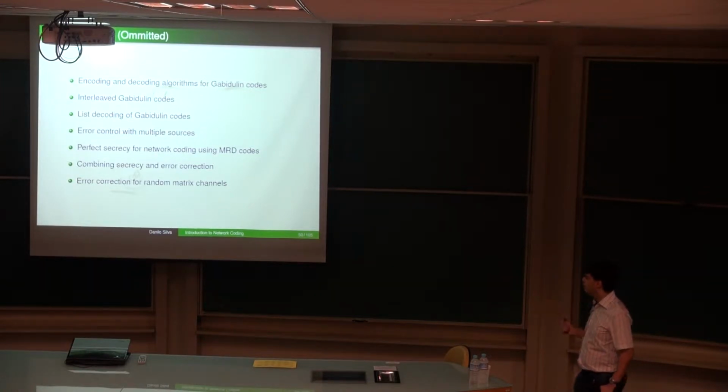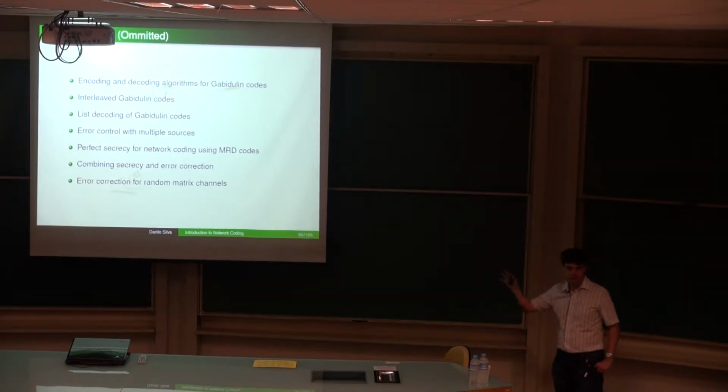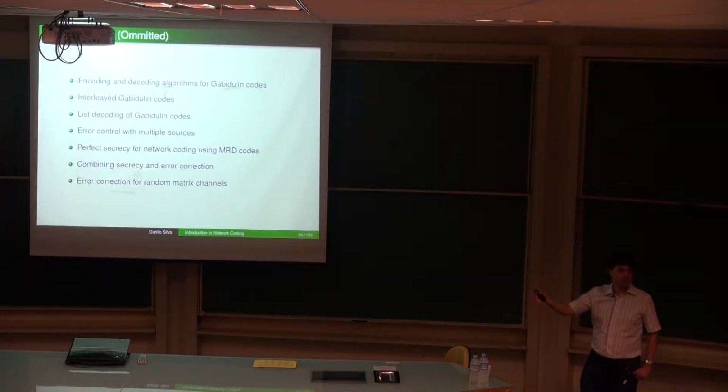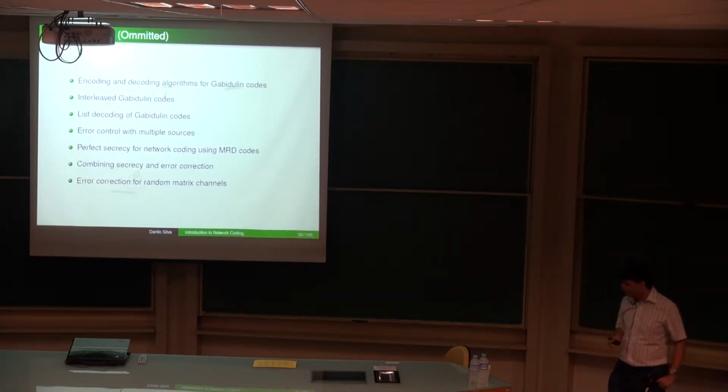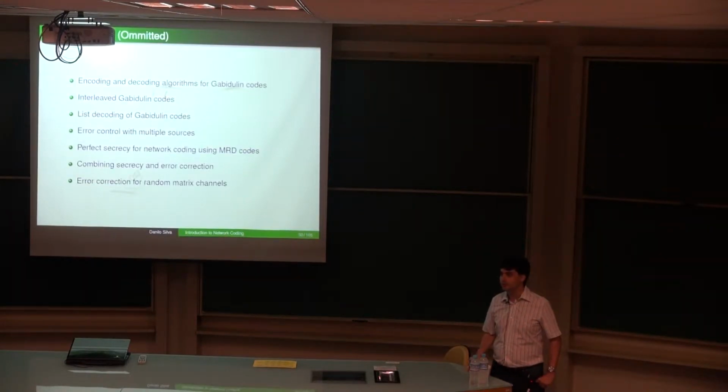And there's also a whole area of studying random matrix channels, right? Because here we consider an adversary, but we could also consider errors that are random, and then we can study the capacity of those random matrix channels. We can also use MRD codes for that problem. Okay, any questions about that before we move on to the second part?